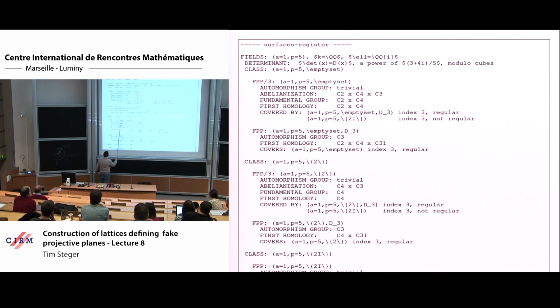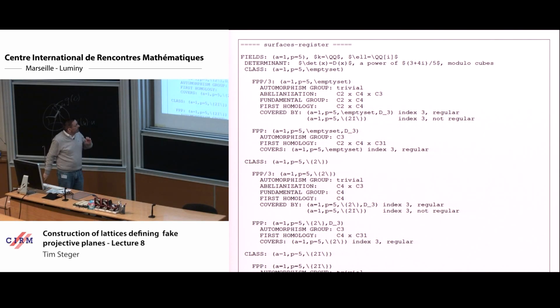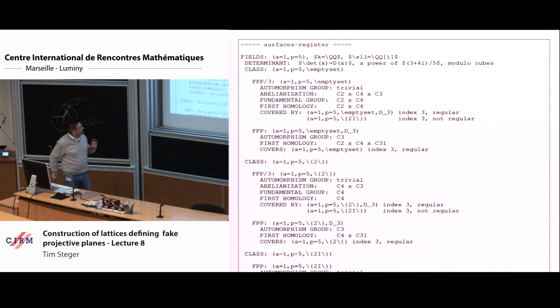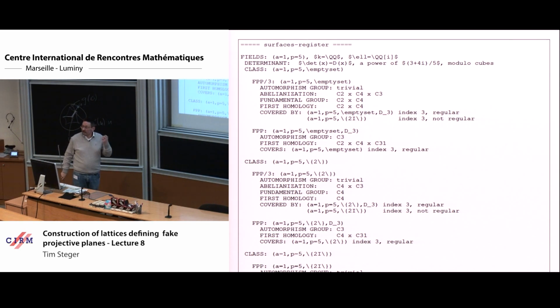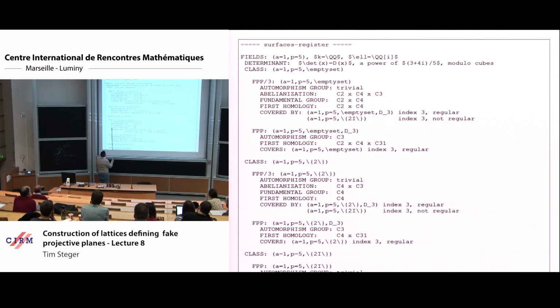Rather more to the point, here's the fundamental group of this singular surface, C4. To get the fundamental group of the singular surface, all you have to do is take the original group and mod out by all the torsion elements.